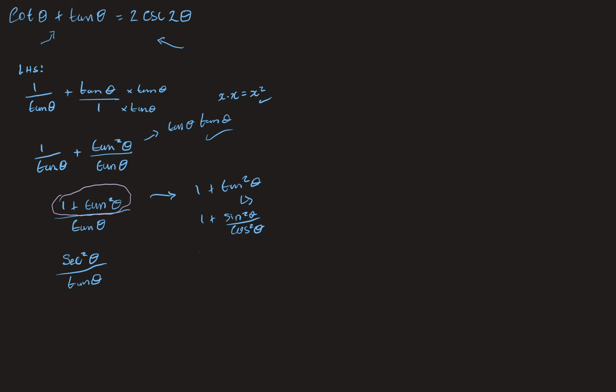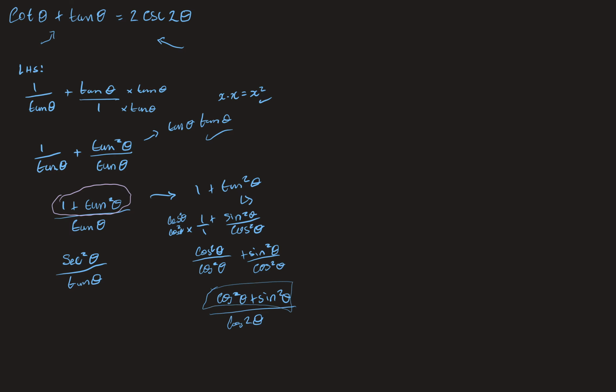Get the same base again, so multiply the 1 by cos squared theta over cos squared theta, which gives cos squared theta plus sine squared theta all over cos squared theta.